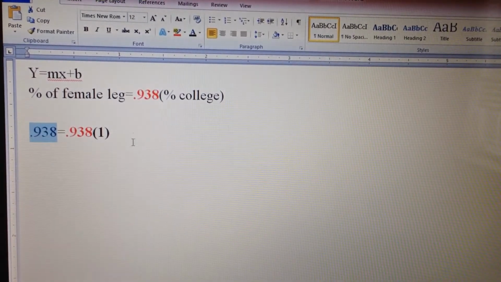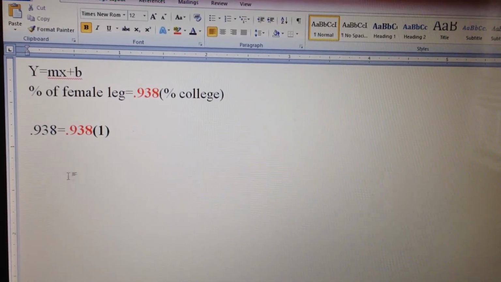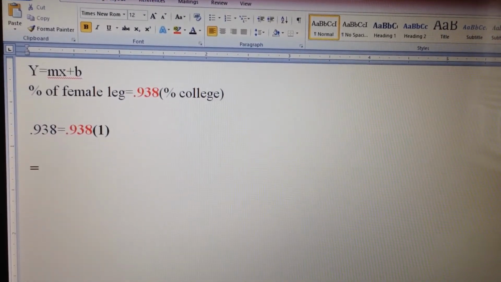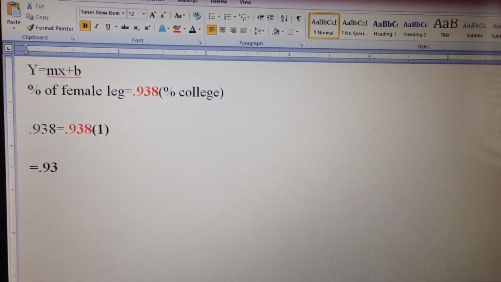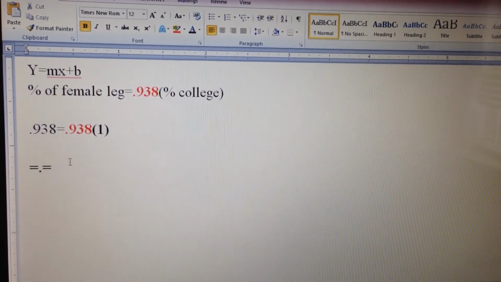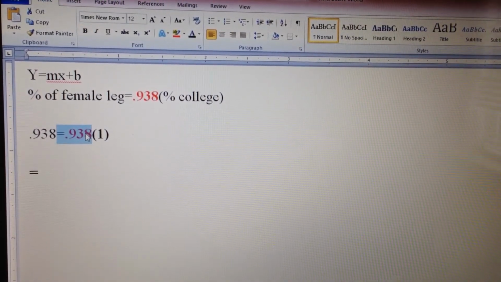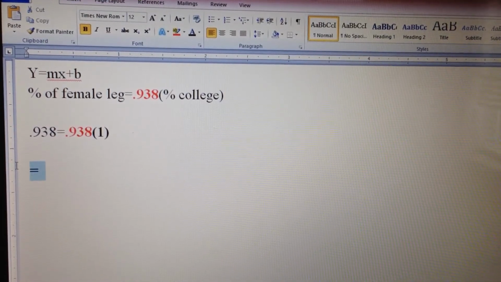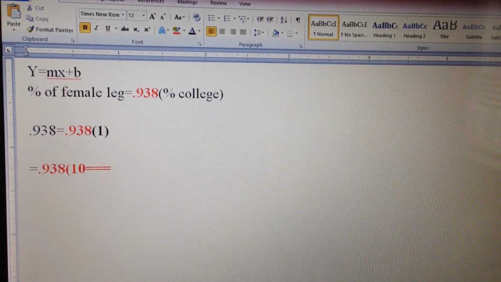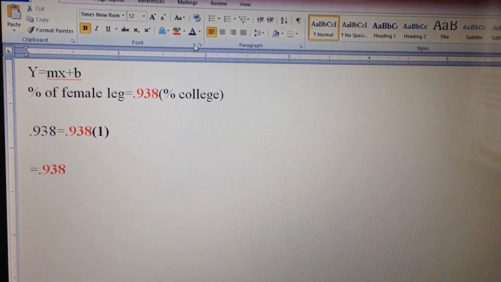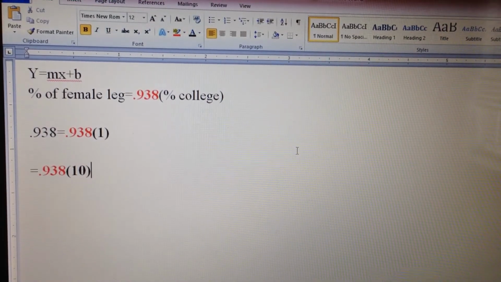Now, let's take Virginia. Let's go back to my red here. Let's assume that Virginia has 10% with college degrees.